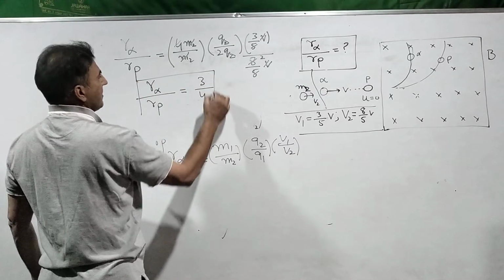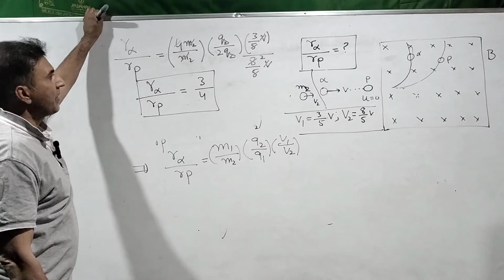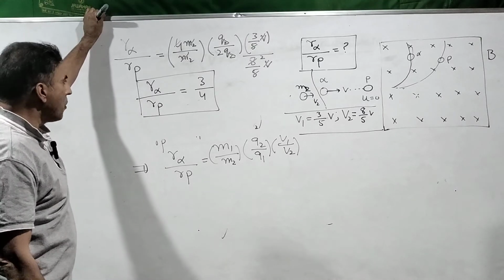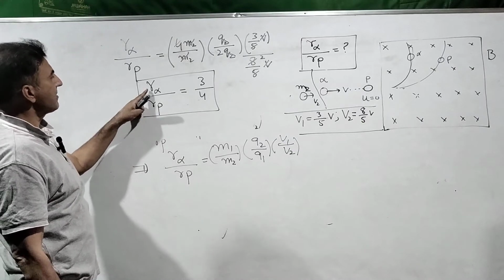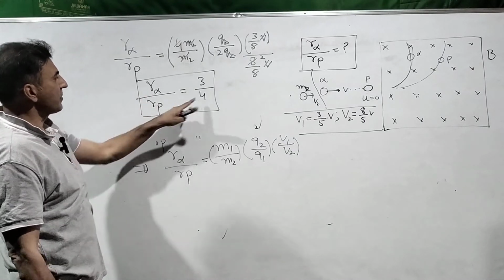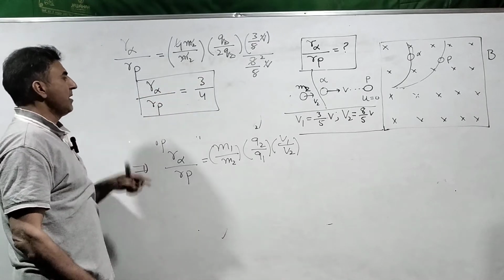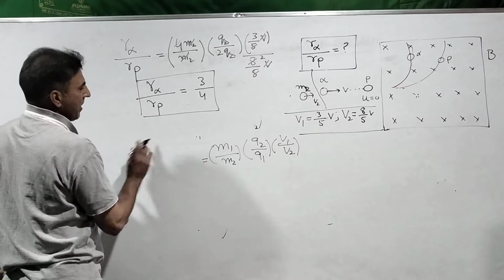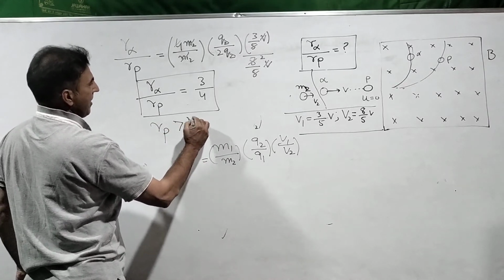That is the answer. That means the radius of the proton will be more than the radius of the alpha particle, because for proton it is 4 here, for alpha particle it is 3 here. So Rp is greater than R alpha.